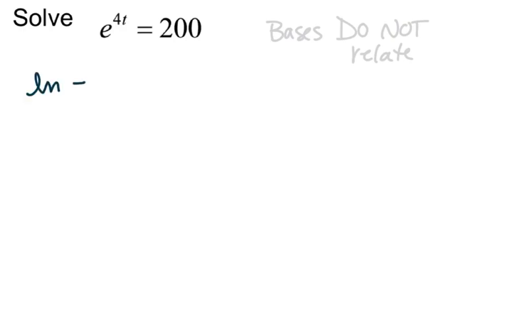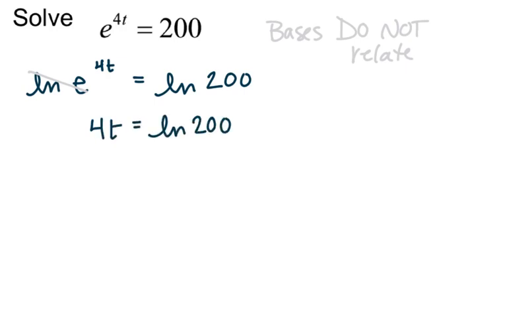So the natural log of e to the 4t equals the natural log of 200. And because we understand how to simplify with exponents, the natural log of e, when the base matches the argument, that exponent can come down and we end up with 4t equals the natural log of 200.